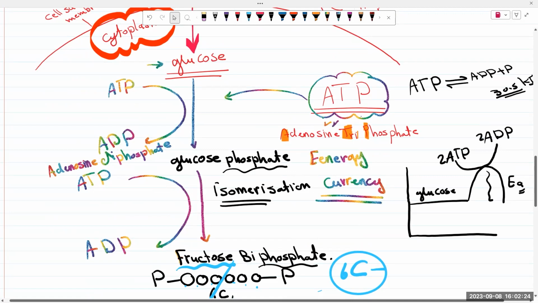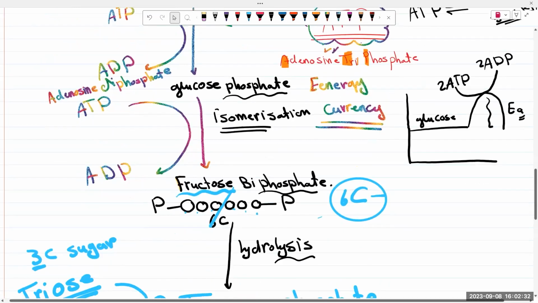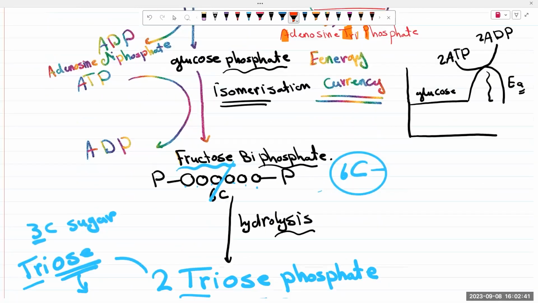So 2 ATP will be used, and their hydrolysis will give activation energy to the glucose to be converted into fructose biphosphate. What is the difference between fructose biphosphate and glucose? This one carries 2 phosphate groups, which have potential energy, so it's ready to react.